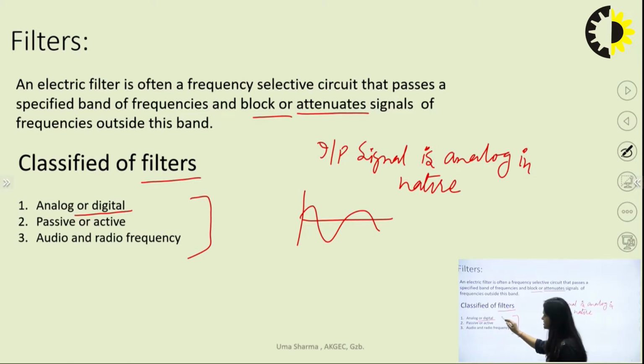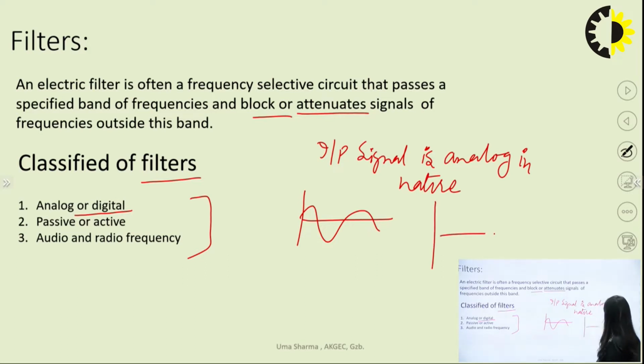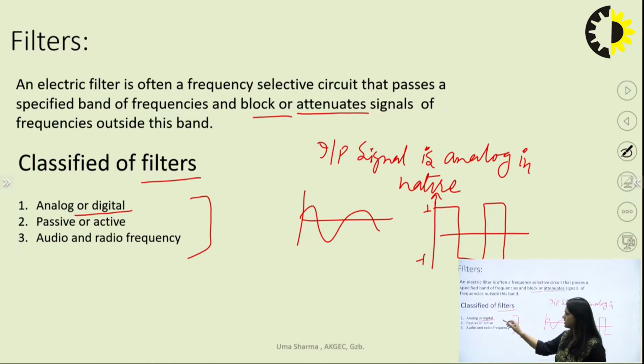While the digital filters are those filters for which the input signal is in the digital form. There are only two levels, 1 or -1. So depending on the nature of the input signal, you can classify into analog and digital.